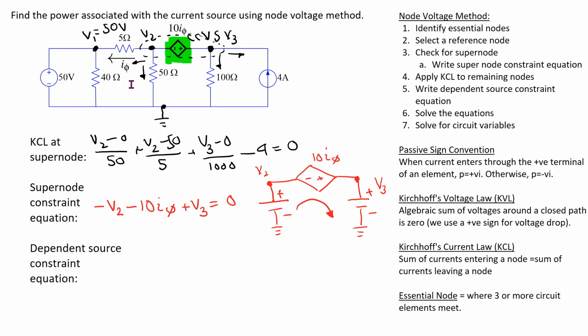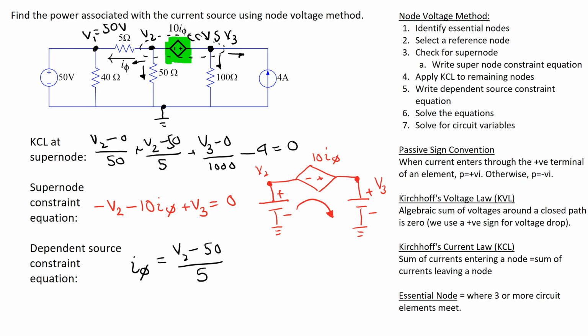So we can write the dependent source constraint equation by applying Ohm's law to this resistor. And this gives I phi, following the direction of I phi, as V2 minus 50 over 5.